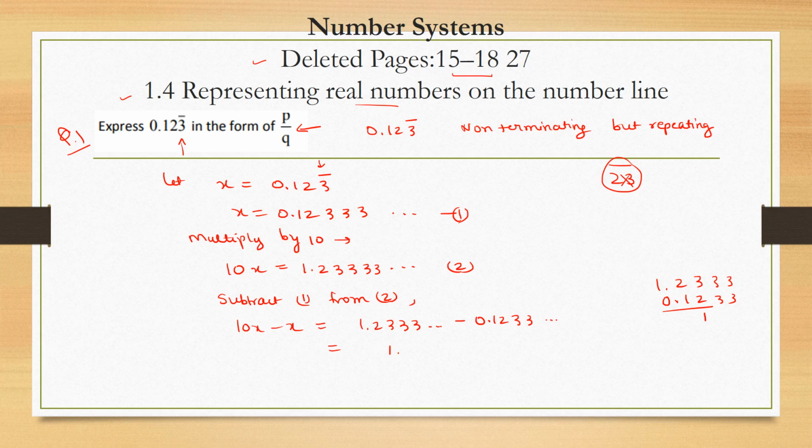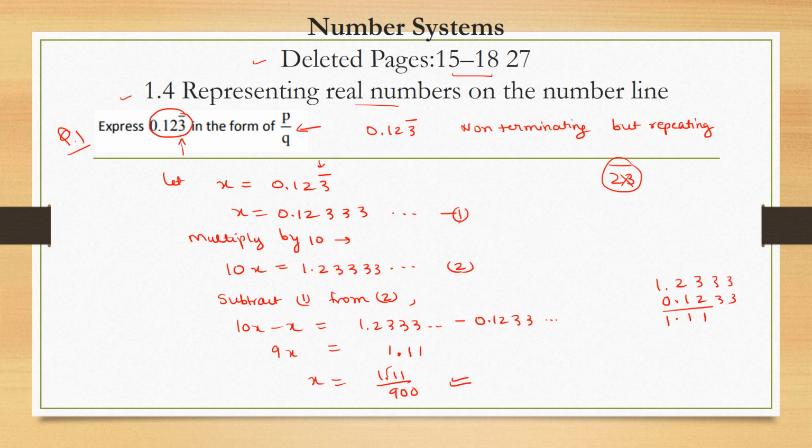So 3 minus 2 is 1, 2 minus 1 is 1, and this is 1. So you've got 1.11 and here 9x. So x becomes 1.11 by 9, and if you remove this point, after the decimal there are 2 digits, so 2 zeros will be in the denominator. So our answer is that 0.123 bar can be converted into p by q form, and that too in 111 by 900 form.